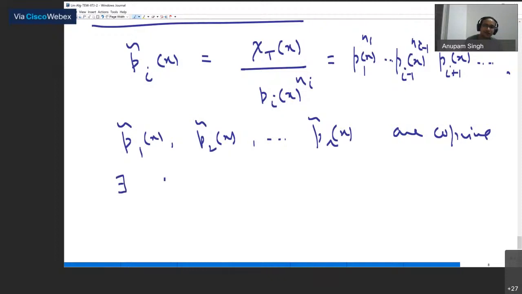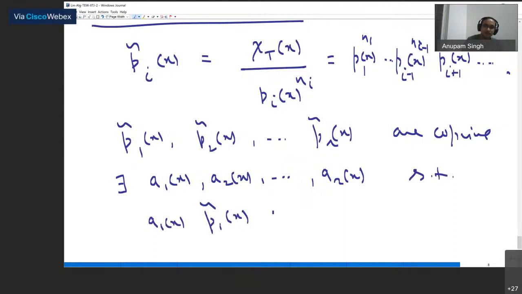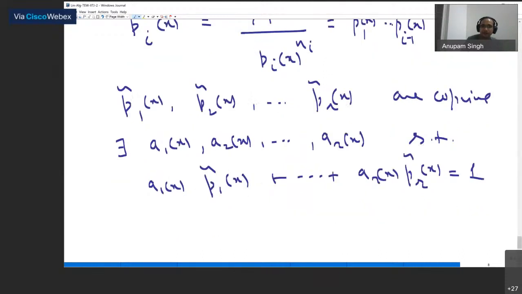And again, the theorem of ring theory will say that there exist some polynomials a1(x), a2(x), and so on, ar(x), such that I get a1(x) P1 tilde(x) plus so on, plus ar(x) Pr tilde(x) equal to 1. Right?